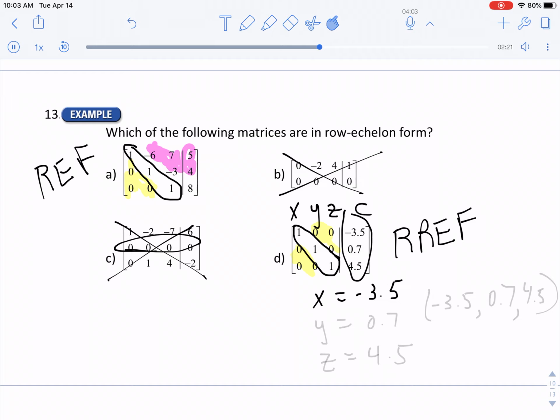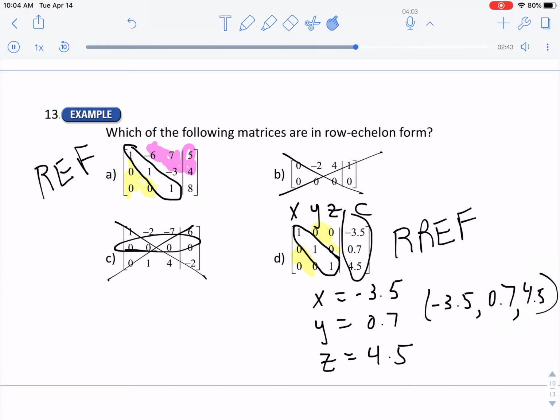And it tells us that 1Y, which is Y, is 0.7. And it tells us that 1Z is 4.5. So it actually gives us the solution to this system. So the solution to this system is (-3.5, 0.7, 4.5).